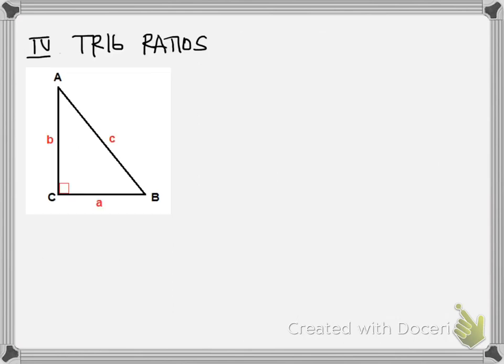Okay, so let's do another one. Trig ratios here. Remember, if we're looking for an angle, we could find a ratio of the sides. So if you're looking at angle A, sine of angle A is going to be equal to the side opposite over the hypotenuse side.